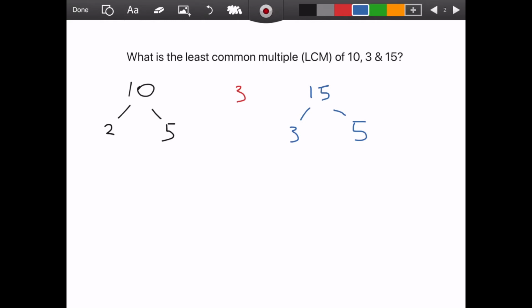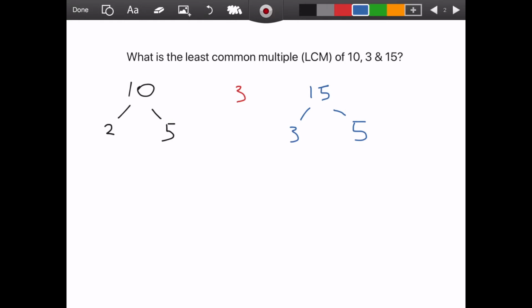And from here we can see what the least common multiple of 10, 3, and 15 is. In order for the answer to be divisible into each of these numbers without any remainder, it has to contain the prime factors of 10, of 3, as well as of 15, right?